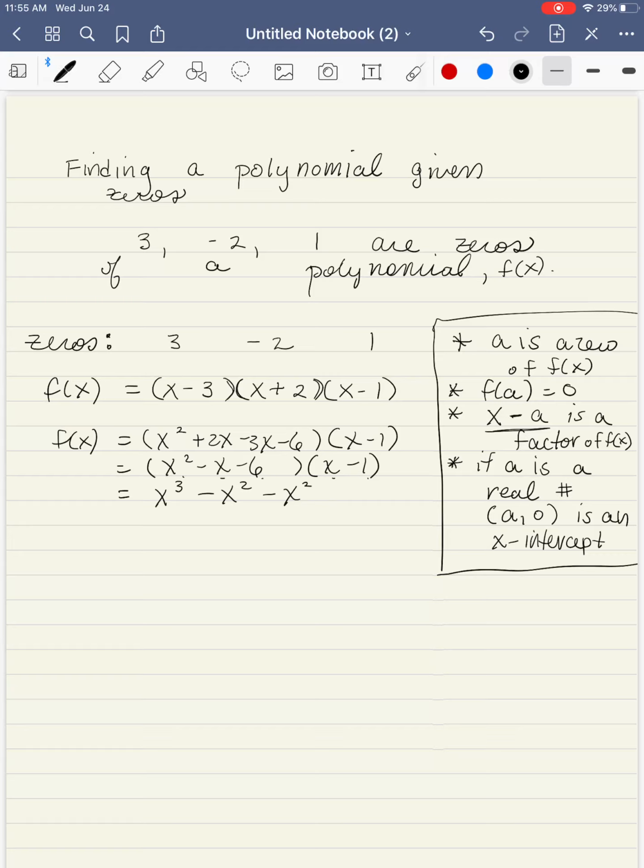X squared times x is x cubed. X squared times -1, and so on. And then combine like terms. And that is a polynomial that has 3, -2, and 1 as zeros.